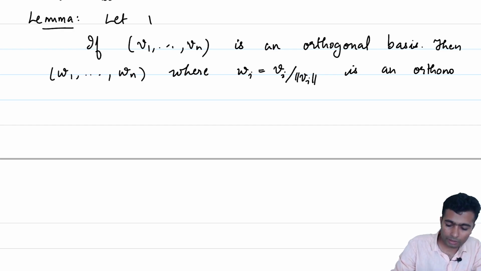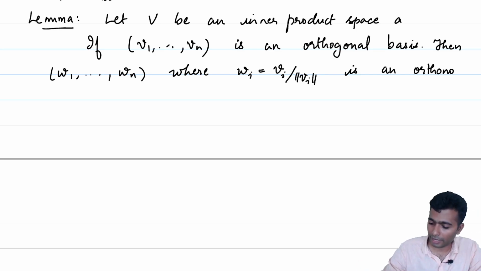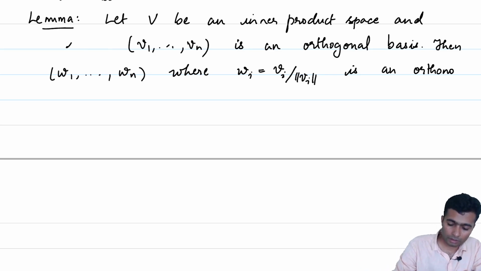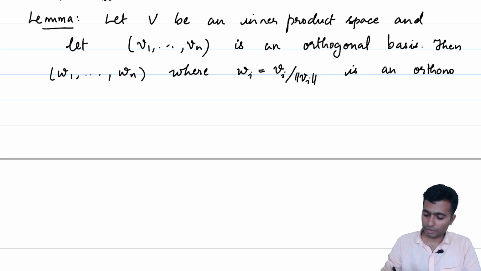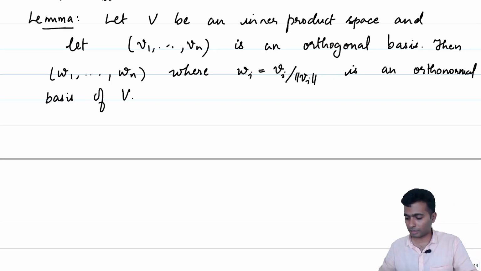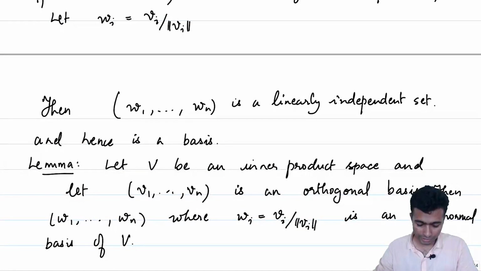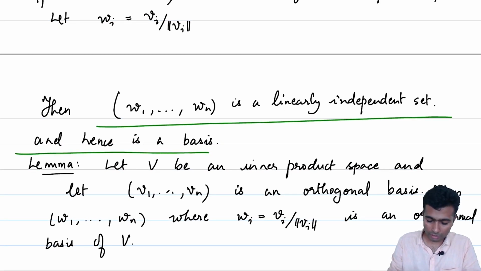So, let V be an inner product space and let v1 to vn be an orthogonal basis. Then w1 to wn, where wi is vi by the length of vi, is an orthonormal basis of V. So, the lemma has just been proven by this observation, which I have just underlined in green.